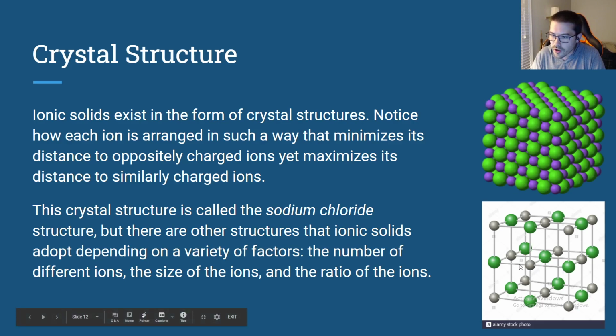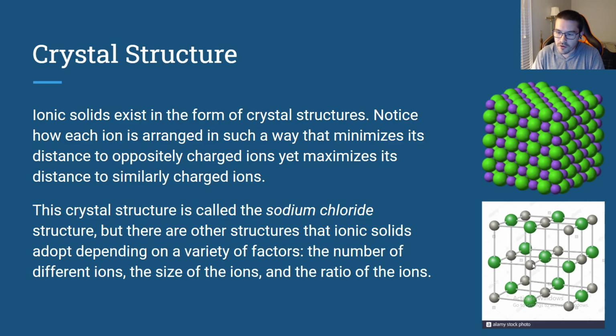Here's another look at what this looks like. Let's say we're looking at this chloride ion here in the middle, the green one, that would be negatively charged. Notice how the six closest things to this green ion are all positively charged sodiums, right? If I go out here, that's a positively charged sodium.